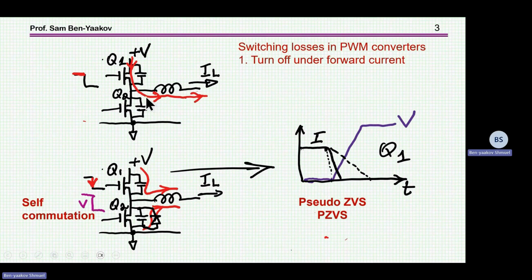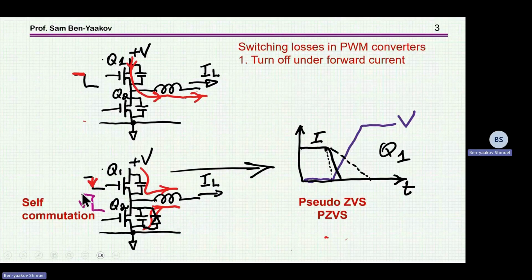I'm now considering the case in which we're turning off the upper transistor. Here it is, we're turning it off. When we're turning it off, here's the current going down. Then the current in the inductor is continuing, and it is charging or discharging, the way you look at it, these output capacitors.